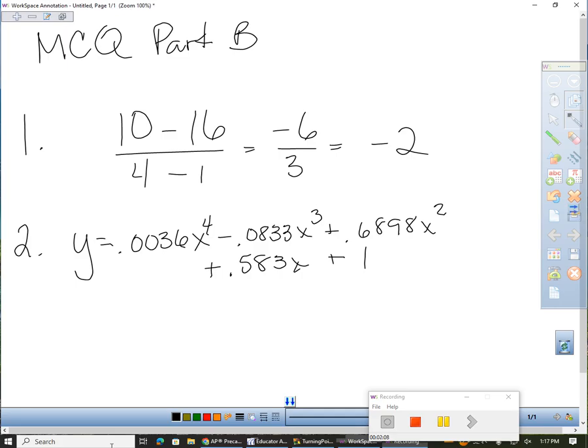All right, number 3. Number 3, it talks about all the different points that are labeled. And point C is the point of inflection of the graph. It wants to know of the following, on which intervals is the rate of change of G decreasing?